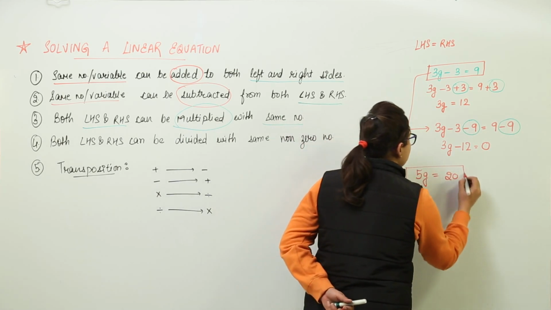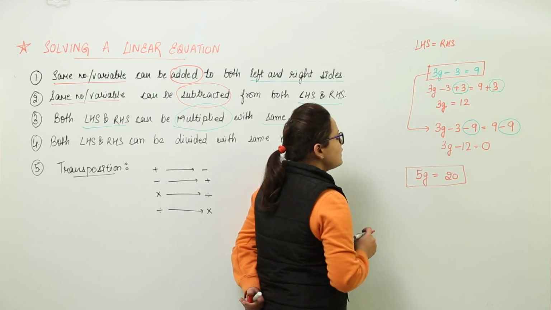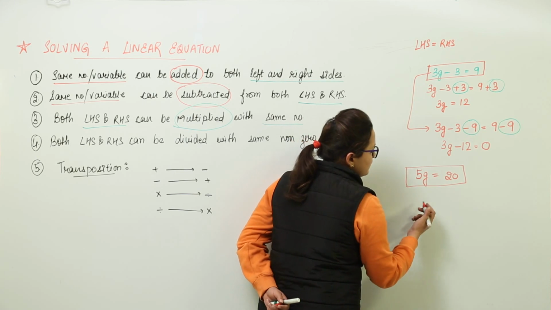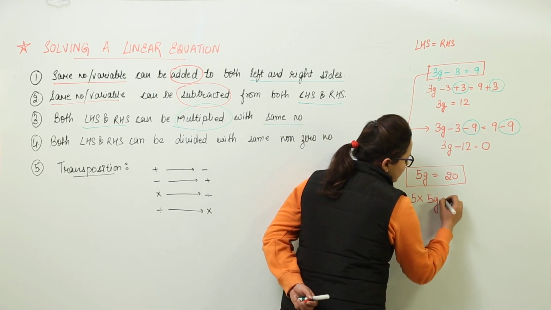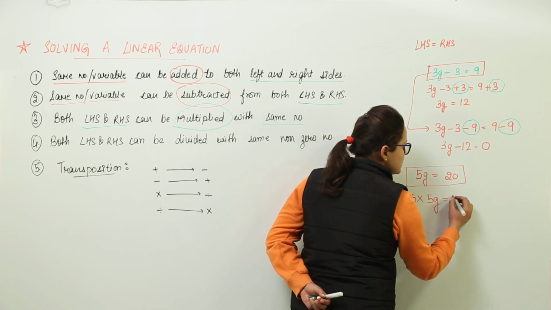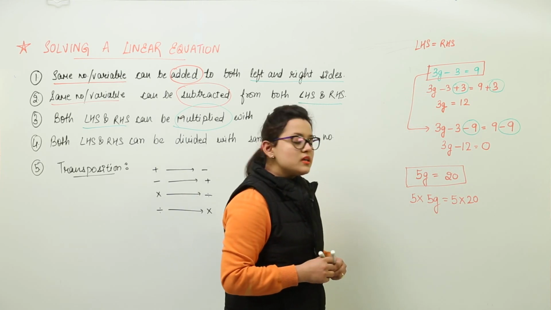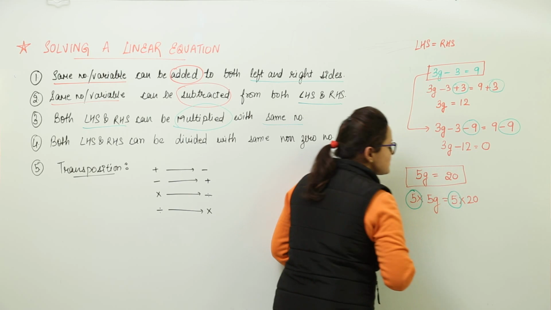For this example, let us think what we can do. I am planning to multiply both the sides with any number. Say I multiply them with 5. So if I multiply them with 5, my left hand side will become 5 into 5g and right hand side will become 5 into 20. In this way, I am multiplying both the left hand side and right hand side with the same number, that is 5.